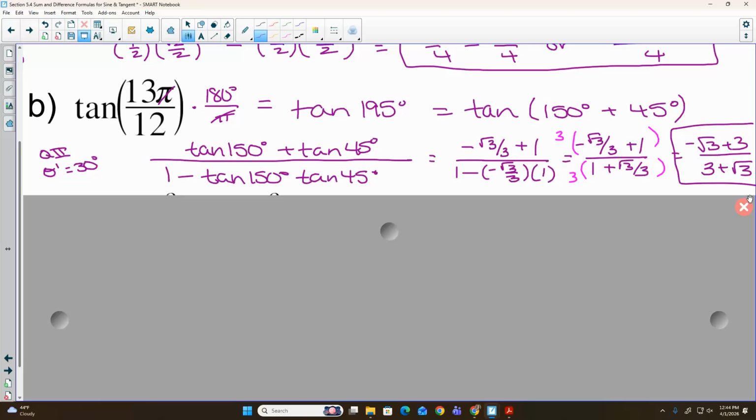You could have an equivalent answer on these that looks different. What I mean by that, if we aren't going to take this all the way down and rationalize it, there are other things that look the same or look different but are mathematically equivalent. So you might see something like 1 minus radical 3 over 1 plus radical 3 and this.